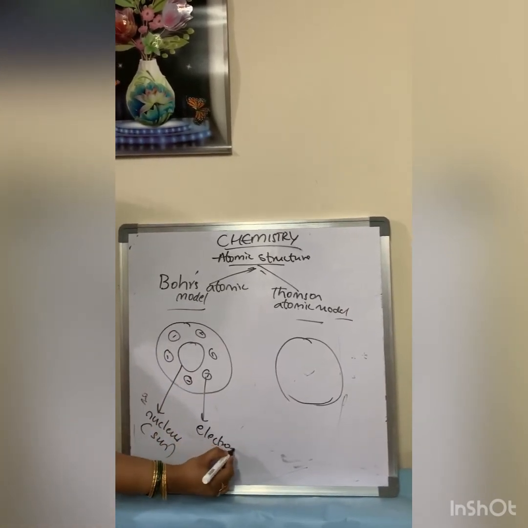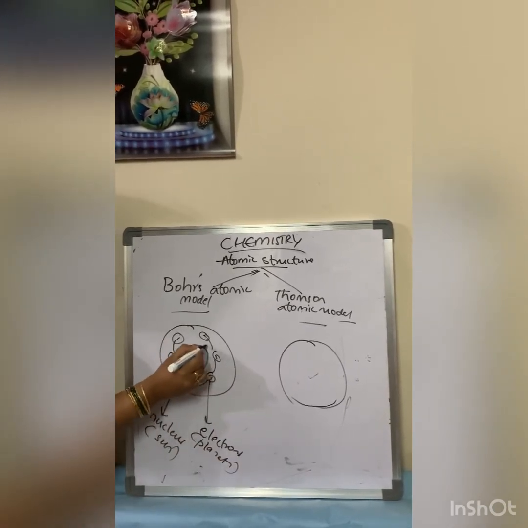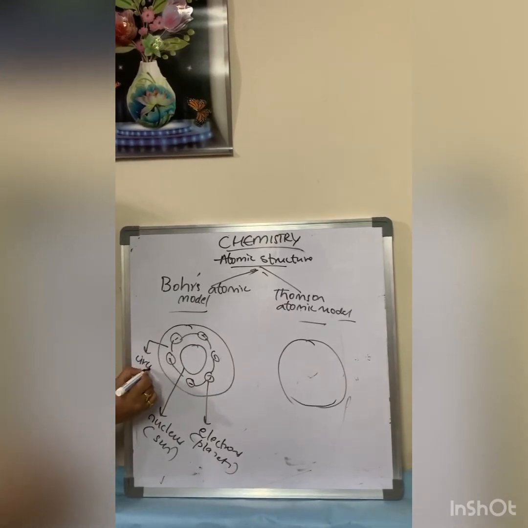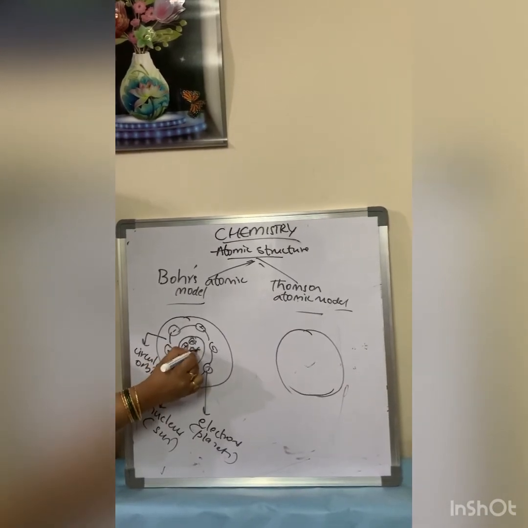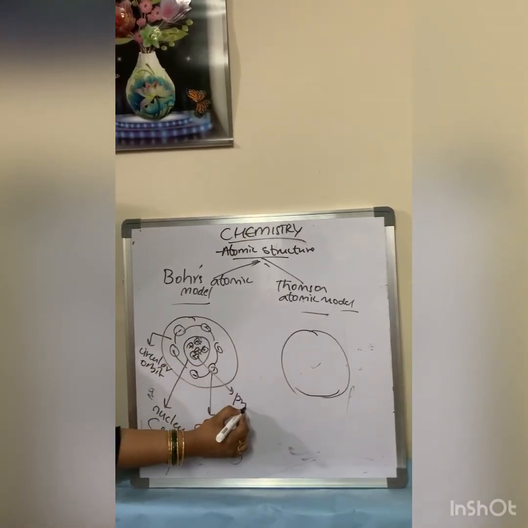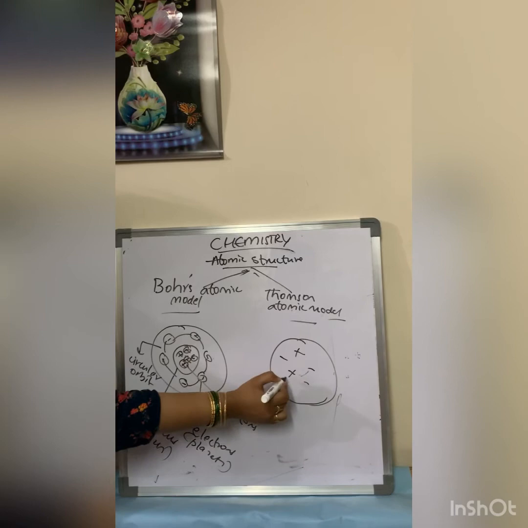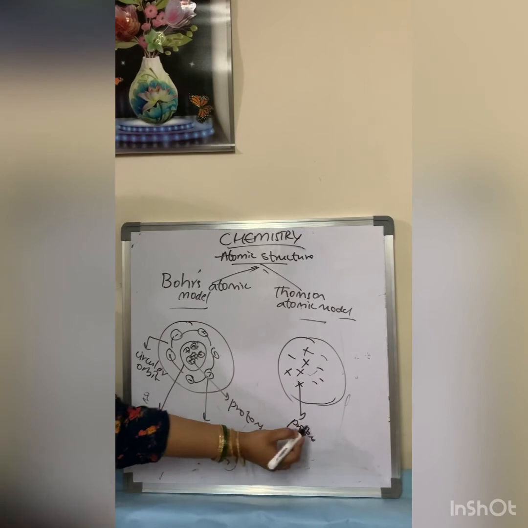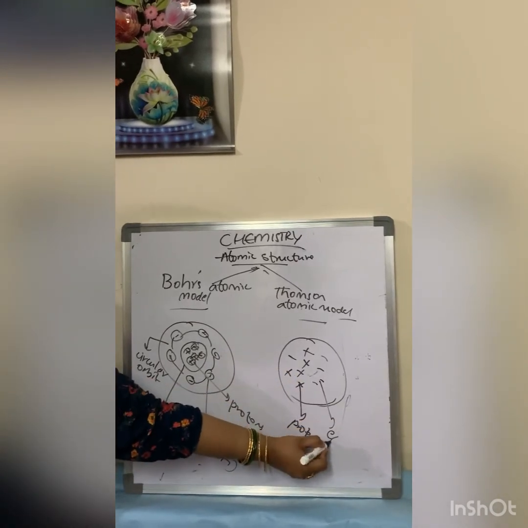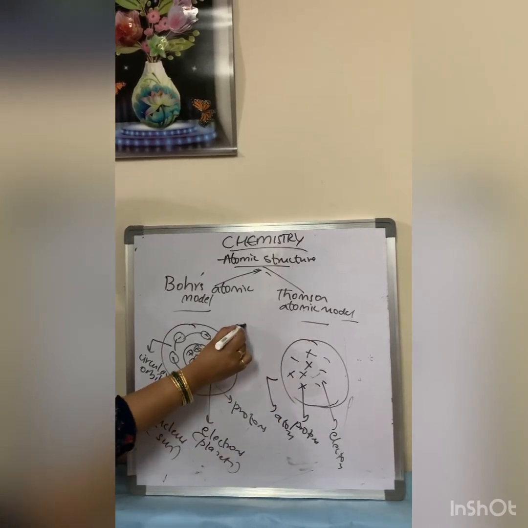Electrons representing planets in the circular orbit. Inside the nucleus were all protons. According to the Thomson model, both protons and electrons are inside the atom. So this is the difference between these two models.